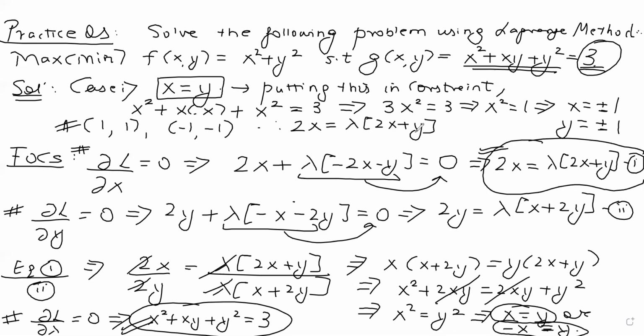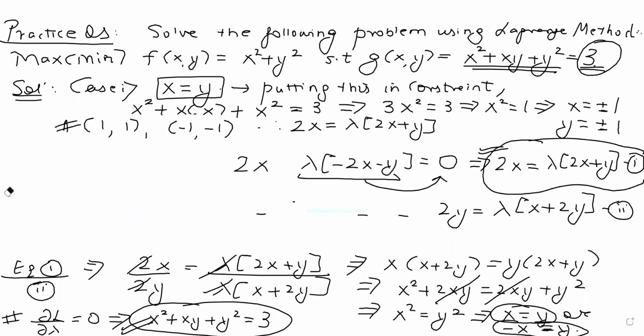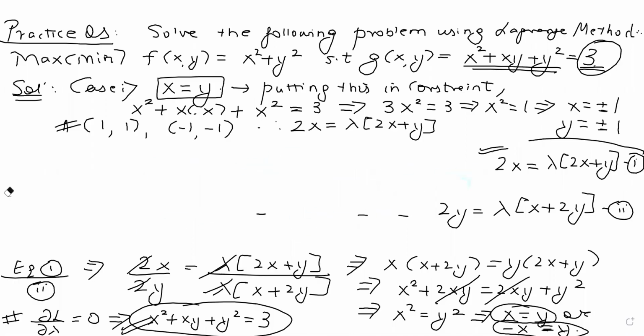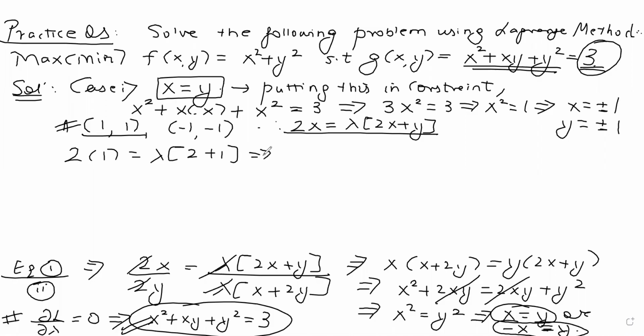I can use this equation. Okay, so I am erasing the first order conditions now. In this particular equation, if I put 1 comma 1, 2 into 1 is lambda times 2 plus 1, which implies 2 is equal to 3 lambda, which implies lambda is equal to 2 by 3.